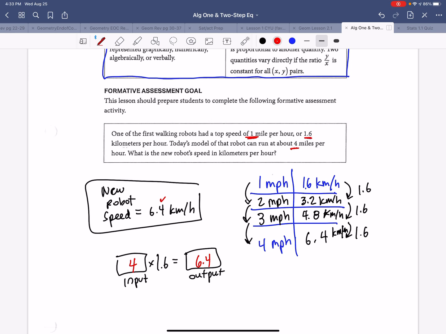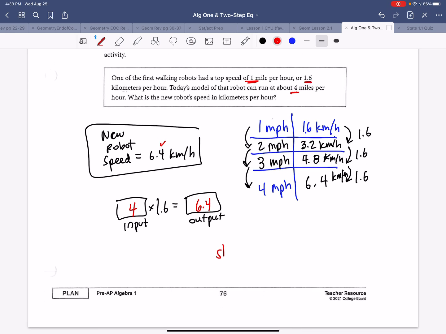Last but not least, we talked about slope, or the tilt of a straight line. That's the change in the y over the change in the x values. So if they just gave us these values, and we call this x and y, the y values changed from something we don't know, so I'm going to call that y, and then the original number was 1.6.